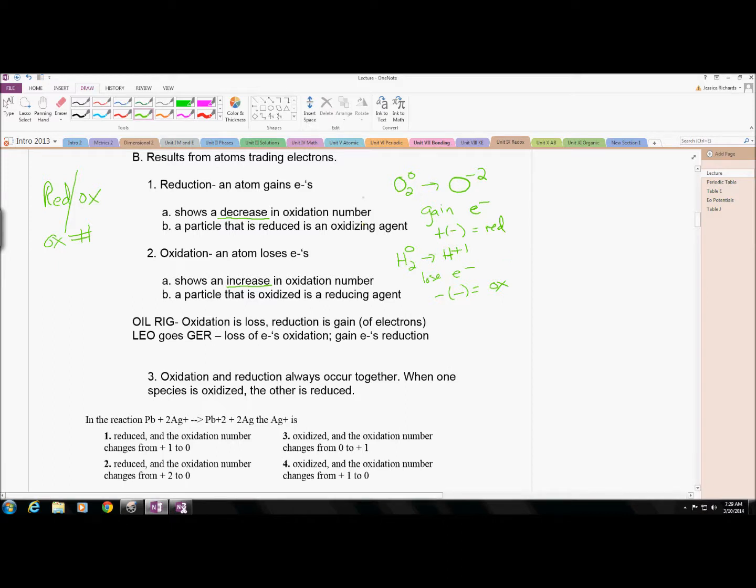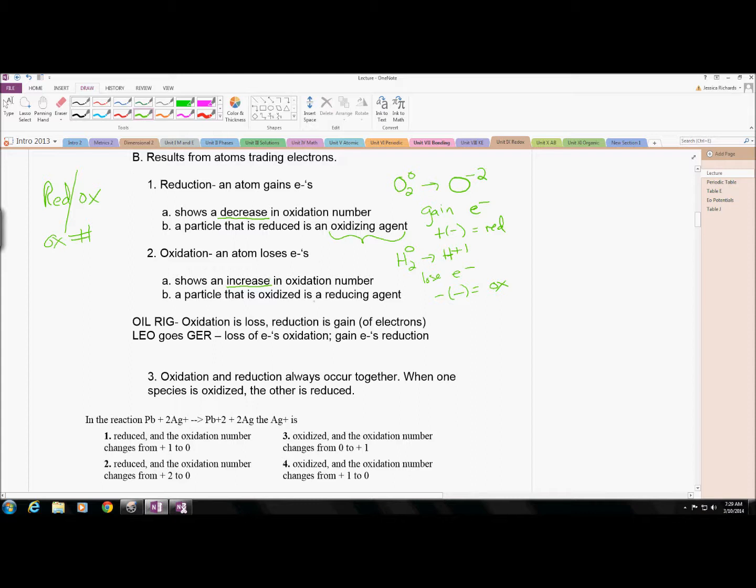The particle that does the reduction is called the oxidizing agent, because in order to be reduced, you have to gain electrons from somewhere, and the law of conservation says they have to come from some other species because this is not magic. So what is being reduced is called the oxidizing agent. It causes oxidation.